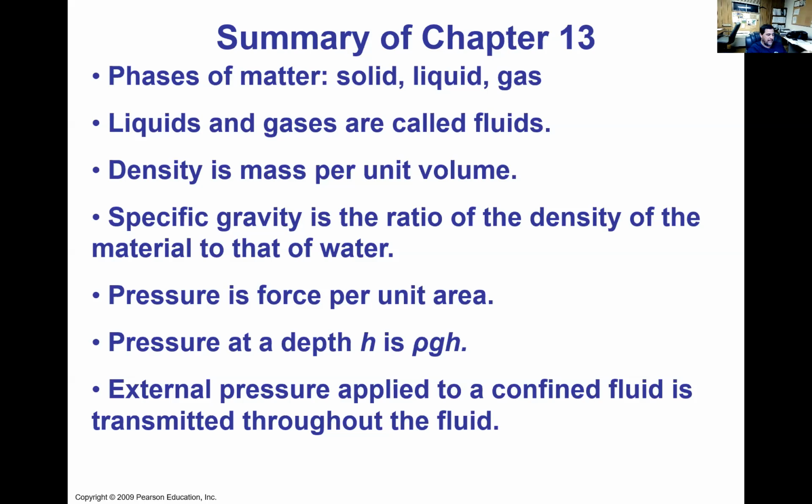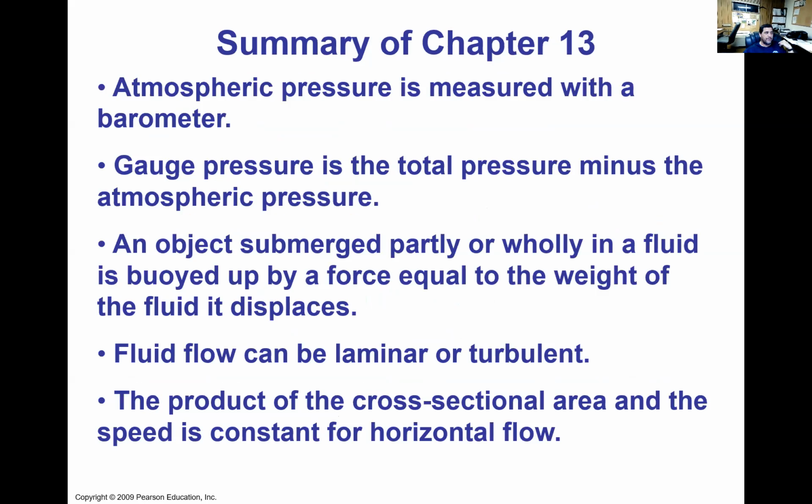Like I said, I like to think of pressure in terms of tire pressure, so PSI, pounds per square inch. Pressure at a depth h, usually in water, is given by the density of water times g times h. External pressure applied to a confined fluid is transmitted throughout that fluid. Pascal, right? Atmospheric pressure is measured with a barometer.